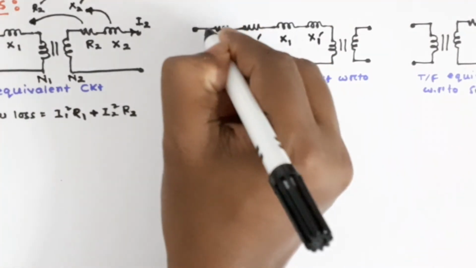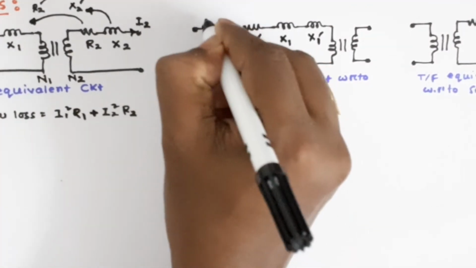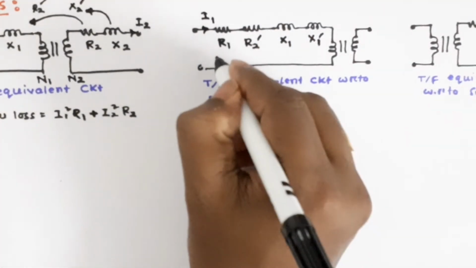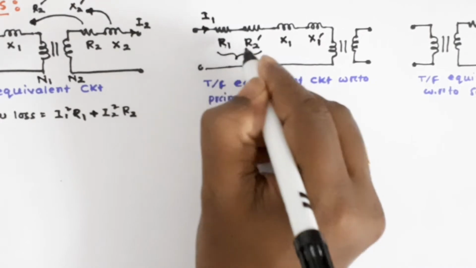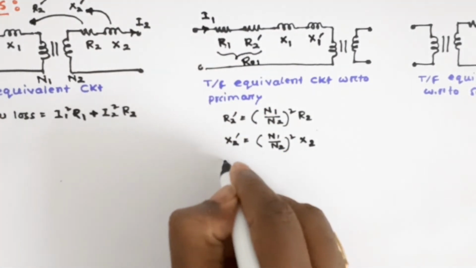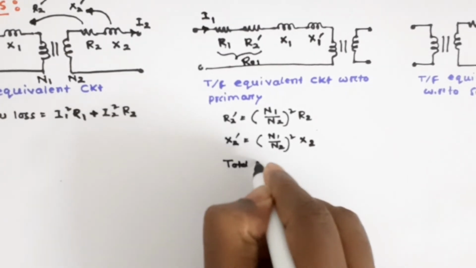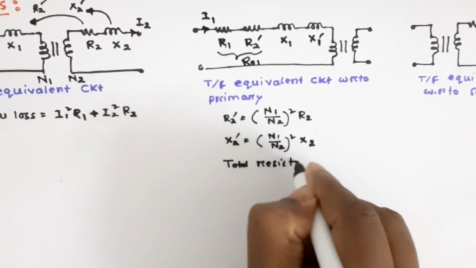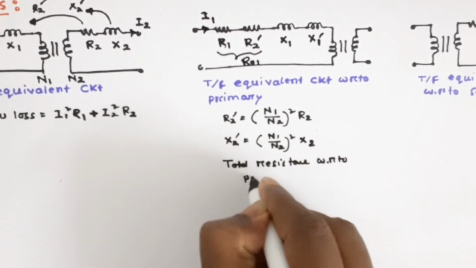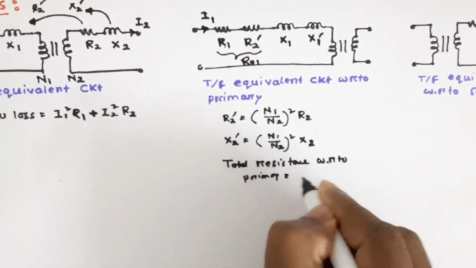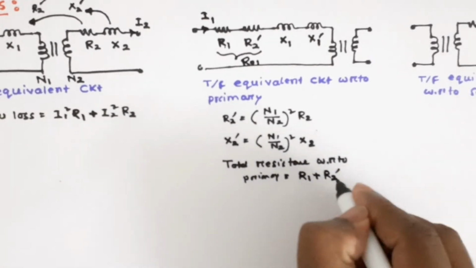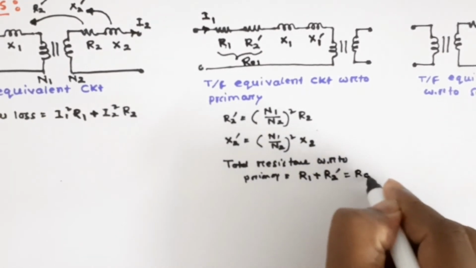Now, let the primary current be I1, and these two resistances R1 plus R2 dash become R01. That means total resistance with respect to primary is equal to R1 plus R2 dash, that becomes R01.